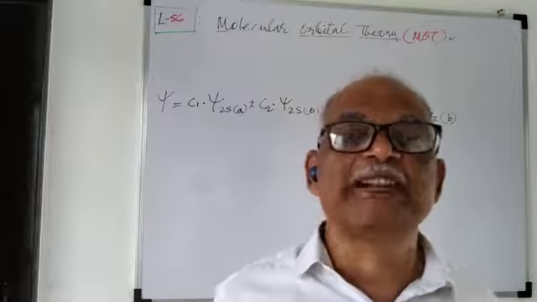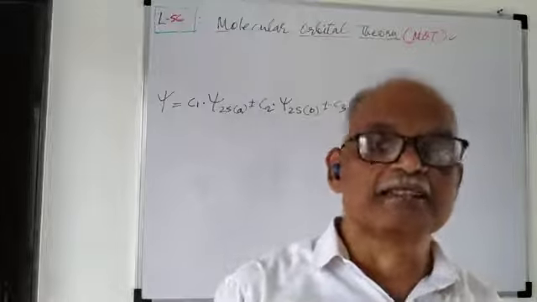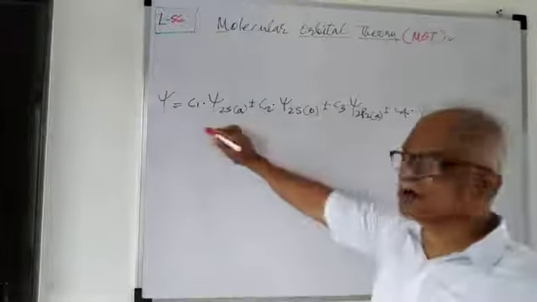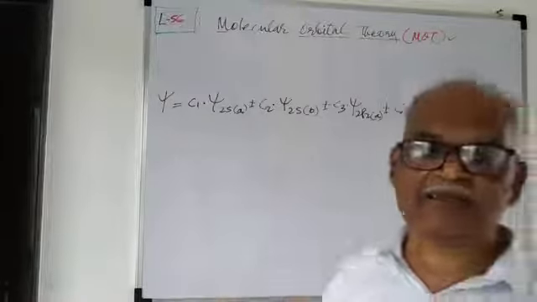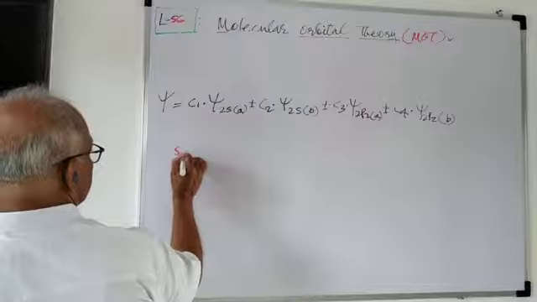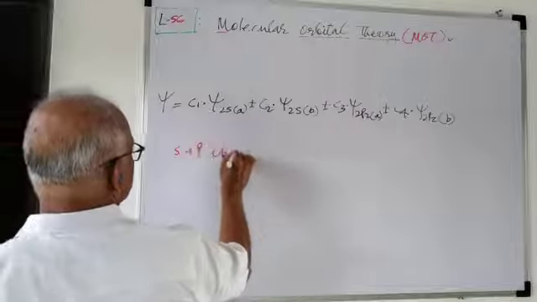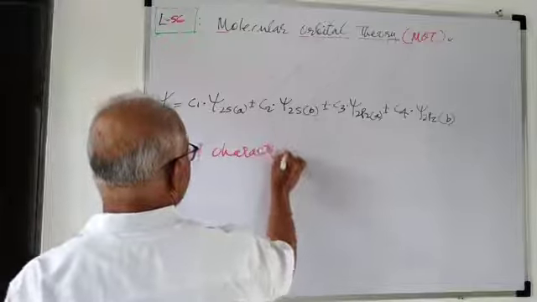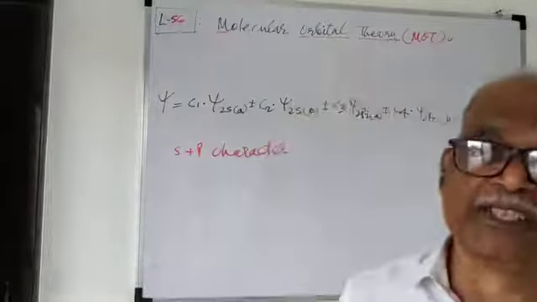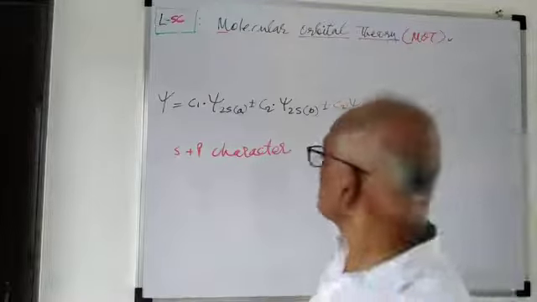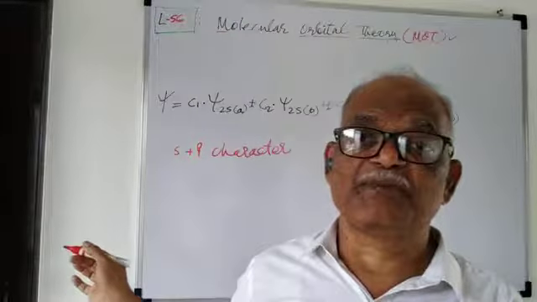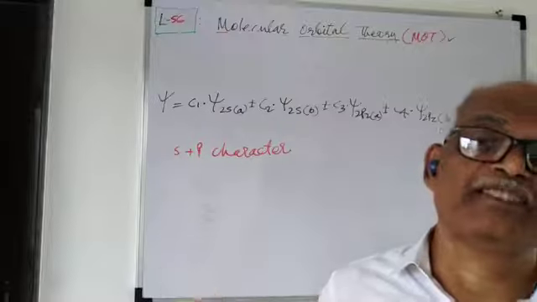Each molecular orbital will have some s character and some p character. So each of these four molecular orbitals resulting from this combination will have both types of characters, s plus p characters. So depending upon the extent or magnitude of s and p characters, the shapes of these molecular orbitals will be different than the shapes expected from the molecular orbitals without mixing.